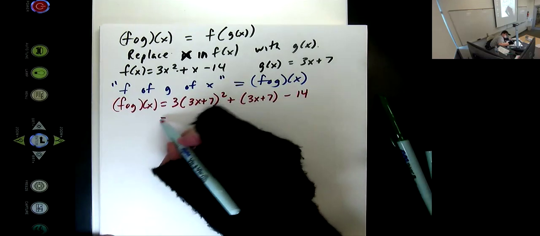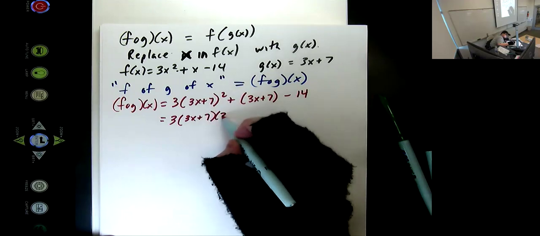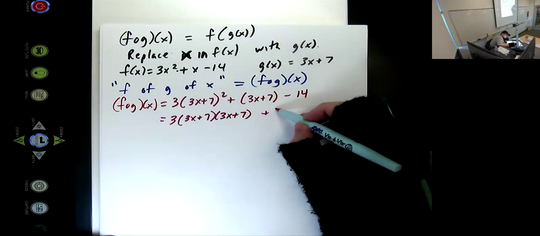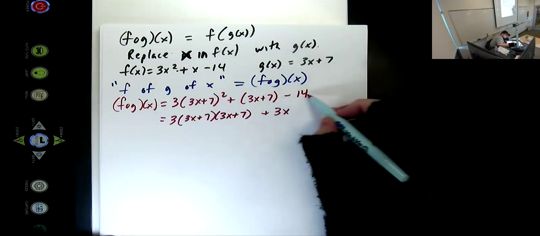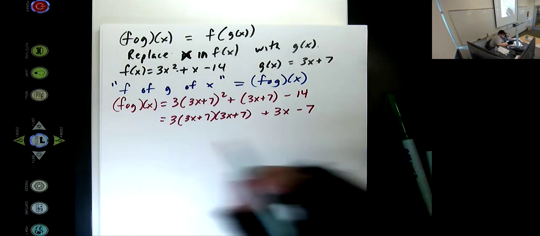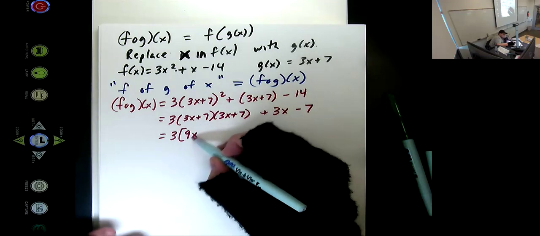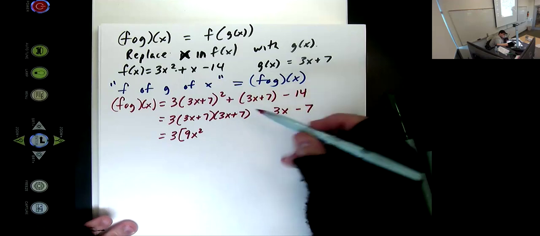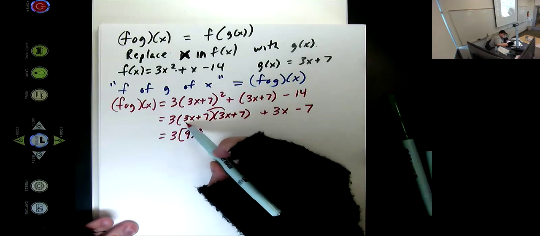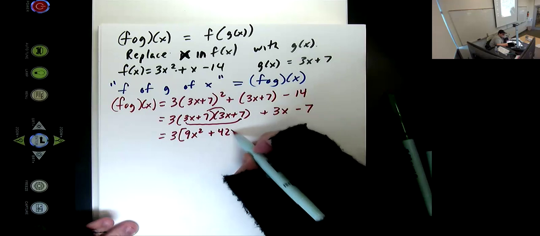Ugh, this is not going to be fun. Remember when we square, it means this. I can combine this information. 7 and negative 14 makes negative 7. And if I distribute, I get 9x squared. I get a 21x from this 2, and 21x from this 2. 21 plus 21 is 42x.